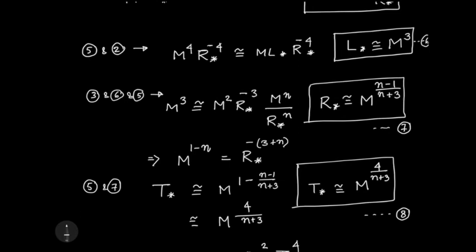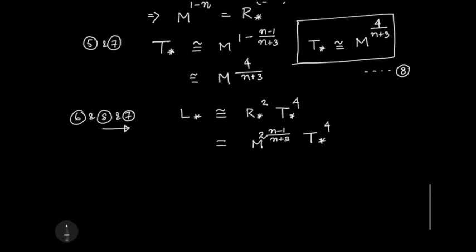And remember that L is M cube, so M is L to the power 1 by 3. So this is essentially L star to the power 2 by 3 into n minus 1 by n plus 3, then T star to the power 4.